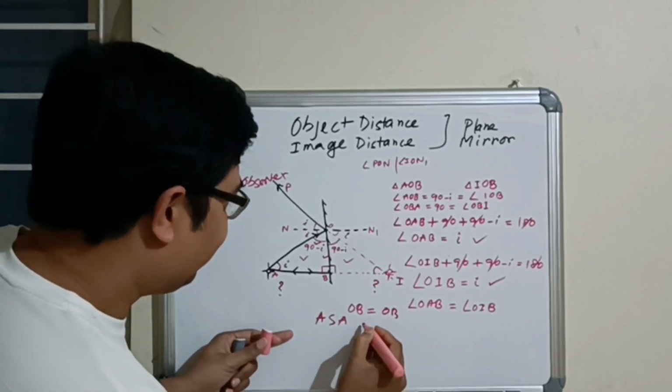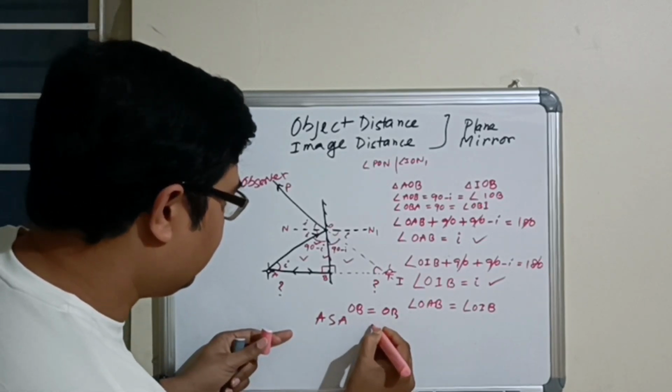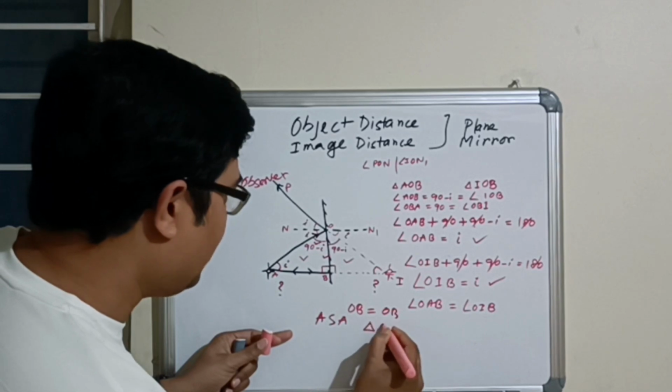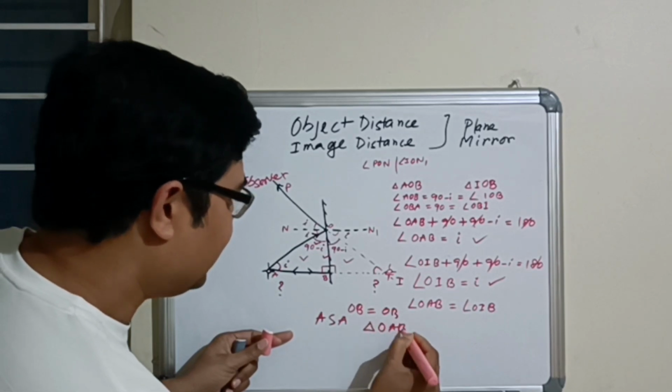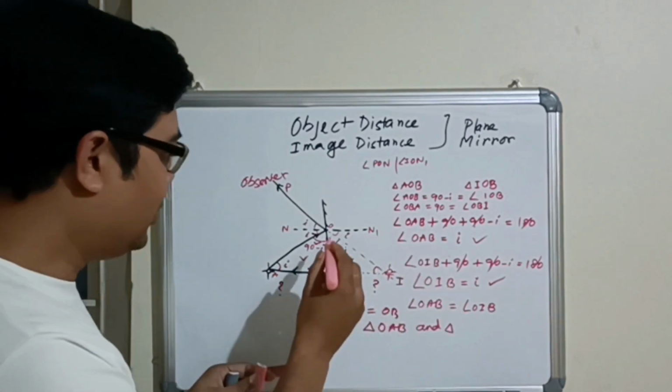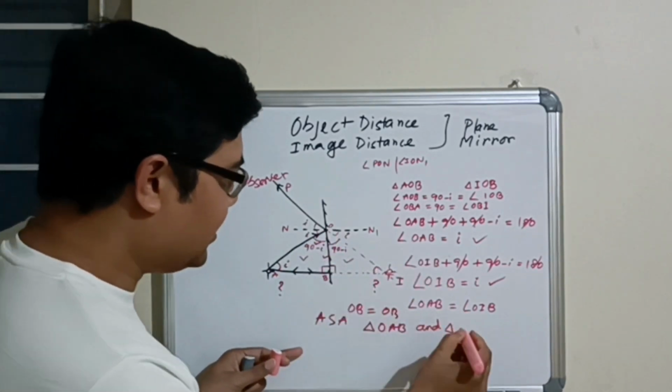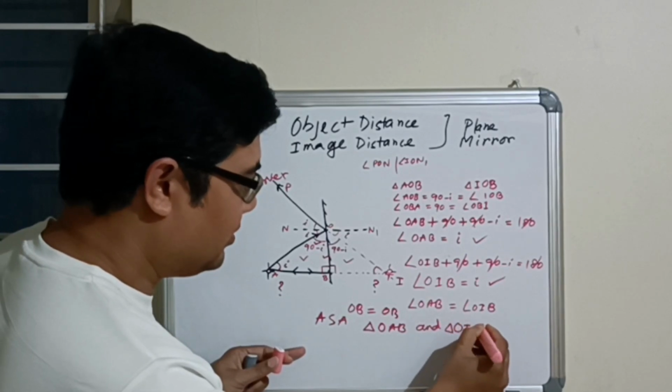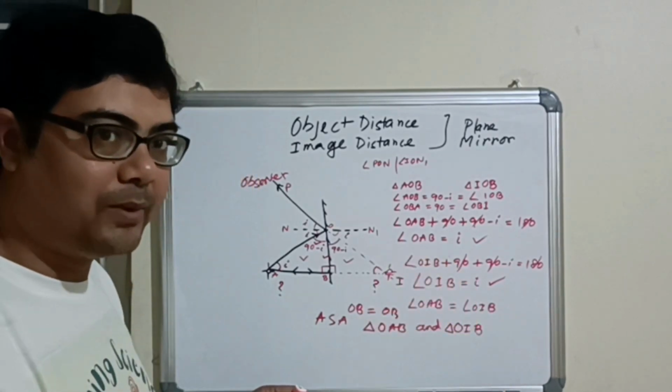So triangle OAB and triangle OIB are congruent.